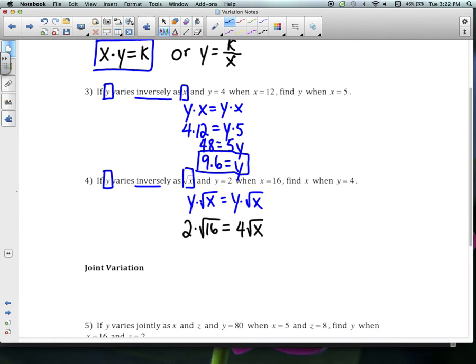So always be careful to make sure you fill into what you're given. This one says find x when y is 4, so make sure you plug it into the right spots because both situations you would have a perfect square, so that would work out.